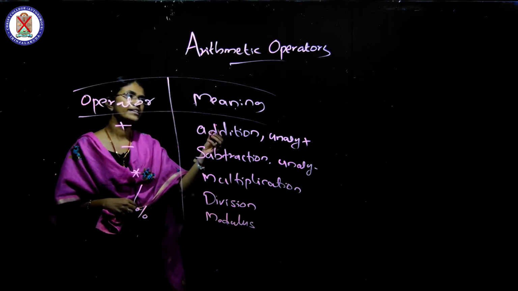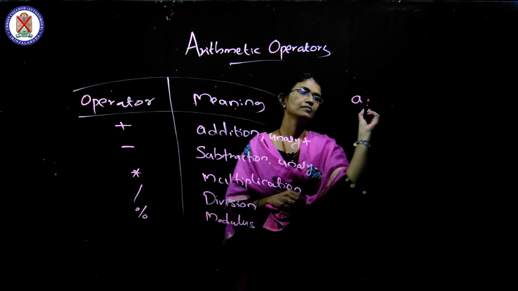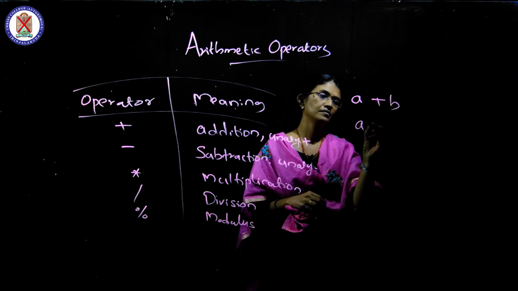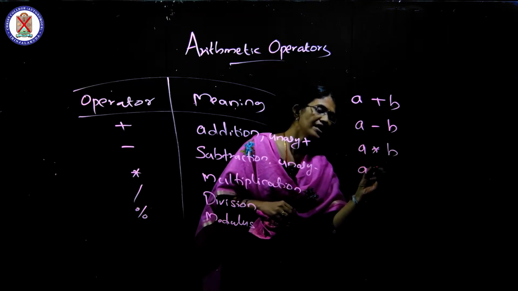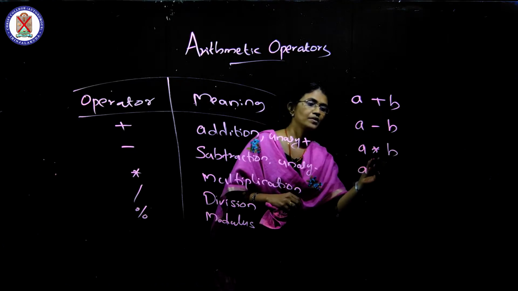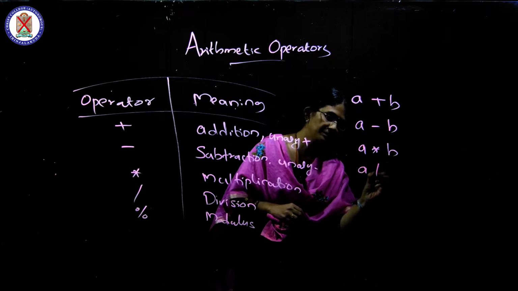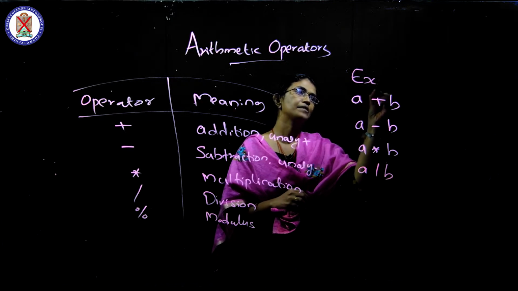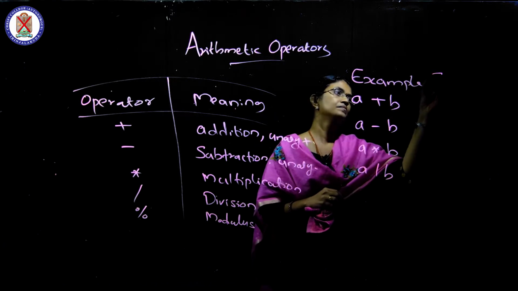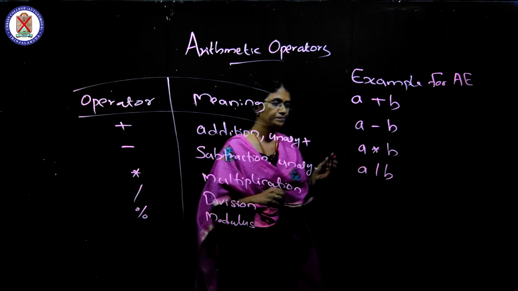We can see this through an example. These are the expressions that use arithmetic operators, and they are called arithmetic expressions. These are examples of simple arithmetic expressions.